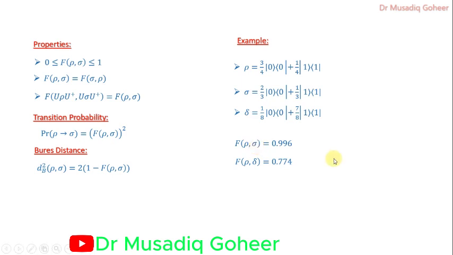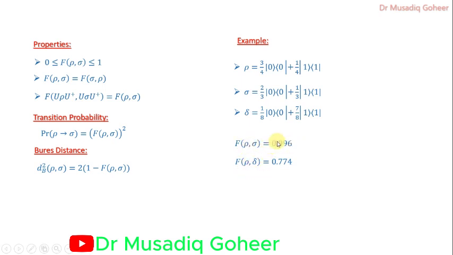Second is the fidelity between rho and delta, and this value is 0.774, which is far away from 1. So it means that the similarity between rho and sigma is much greater than the similarity between rho and delta.